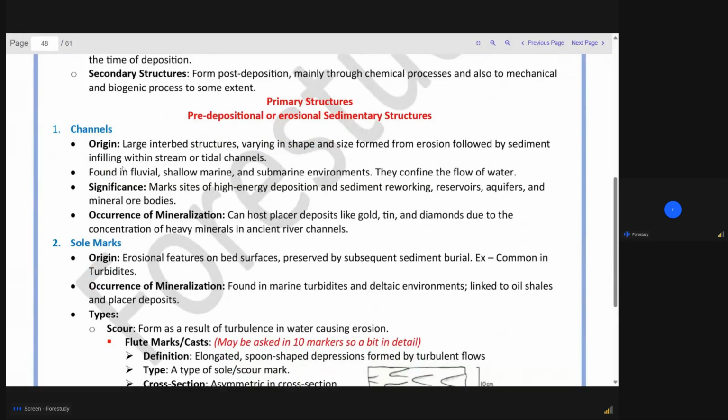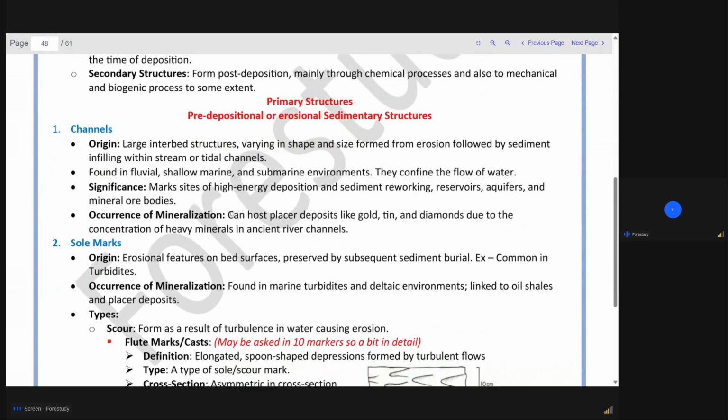Okay, infilling within the stream or tidal channels. So found in fluvial, shallow marine, and submarine environments, they confine the flow of water, right? They confine the flow of water. Okay. Significance: marks sites of high energy deposition and sediment reworking, reservoirs, aquifers, and mineral ore bodies.